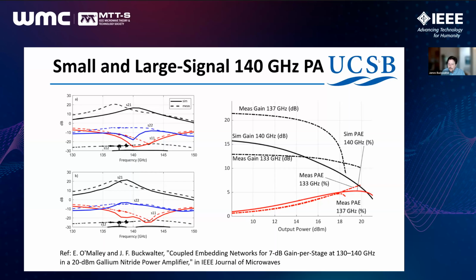At 133 gigahertz, at 137, there was higher gain from the device, but the PAE was a bit lower. And that's not unexpected because we're on the edge of these rapidly changing gain contours. So across a couple gigahertz of frequency, we can see a rapidly different matching condition.